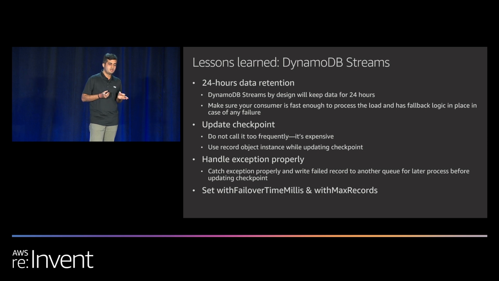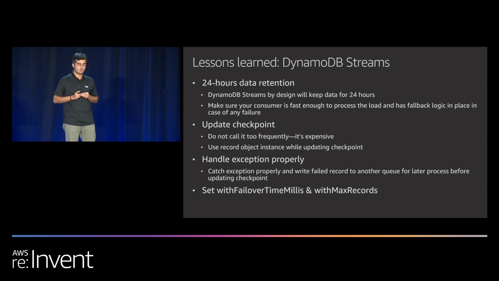Another important thing here is that when you are trying to increment the checkpoint, make sure you define the instance of the record up to which you are trying to increment the checkpoint. To give you an example, let's say you got 500 messages as part of the KCL fetch. Now after processing 100 records, you decided to increment the checkpoint without passing the instance of that record.